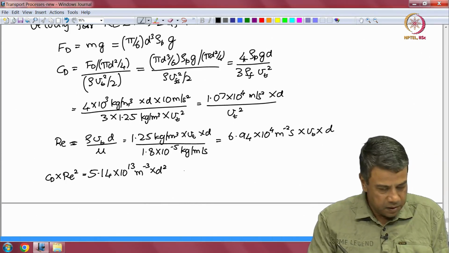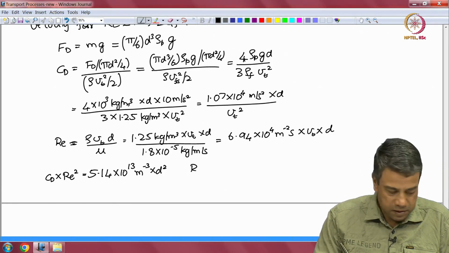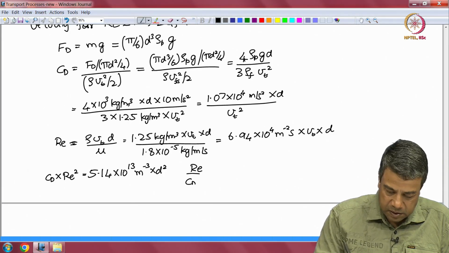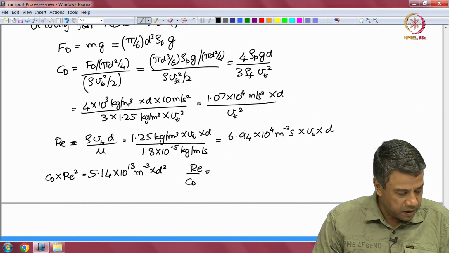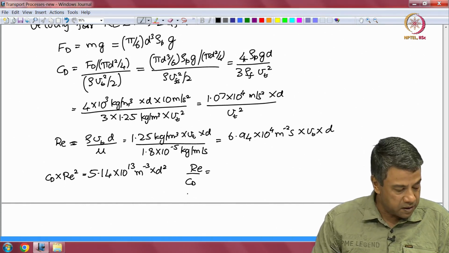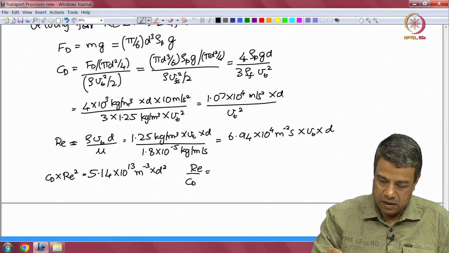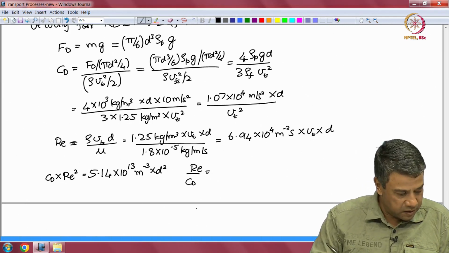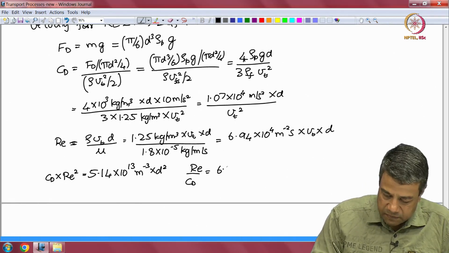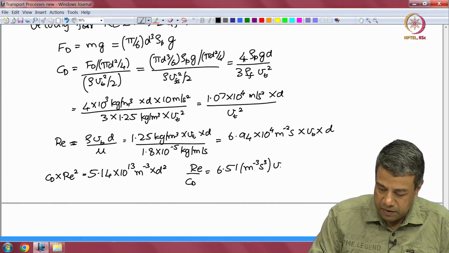And in order to get the velocity, I can just get Re by Cd. If I take the ratio of these two, the diameter will cancel out and I will get only the velocity cubed, because I have a velocity here and 1 over velocity square there. So, this will be 6.51 into meter per minus 3 second per 3 into Vt square.